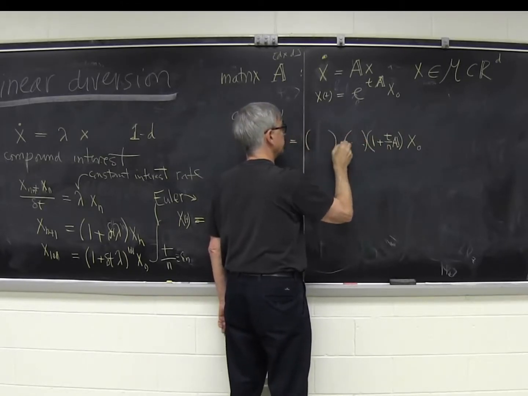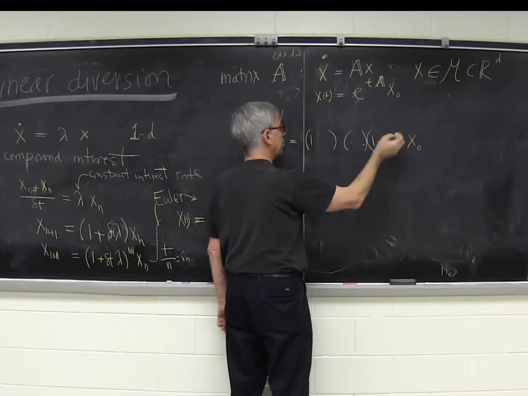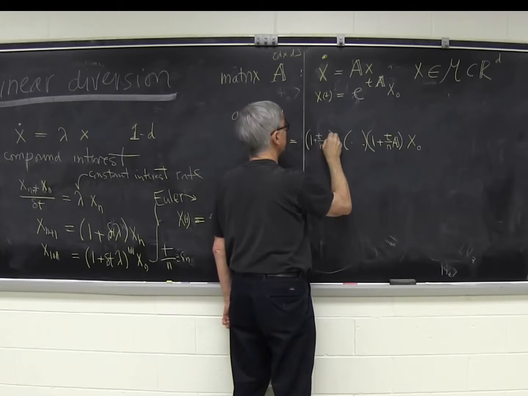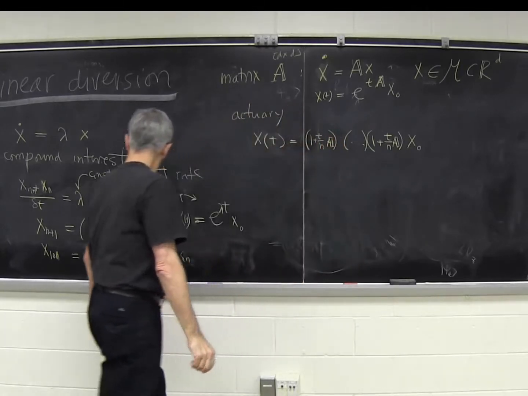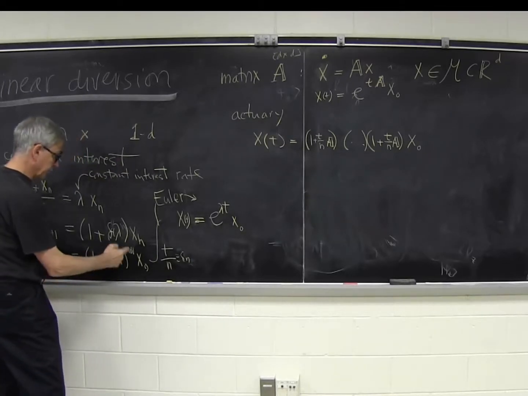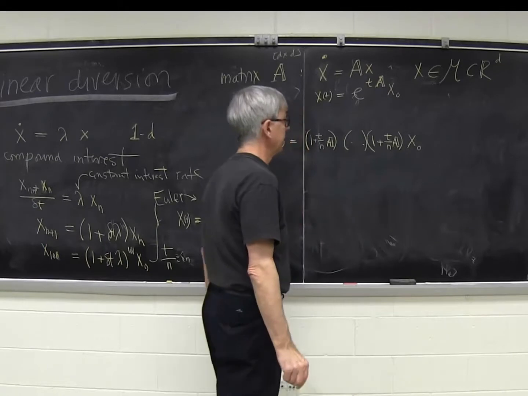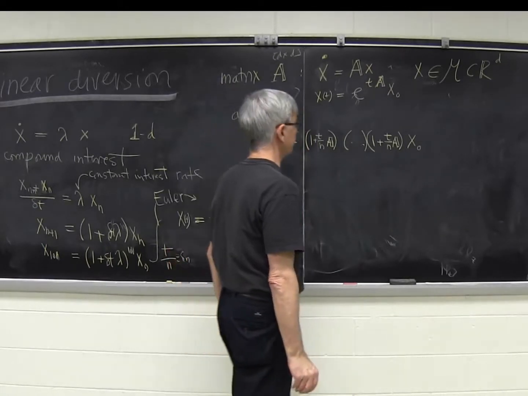Until the last term, lots of terms like that, n of them, and the last term t over n over a. Now, that could be written as the term by itself to the end, but you have to think about the problem you're trying to solve.